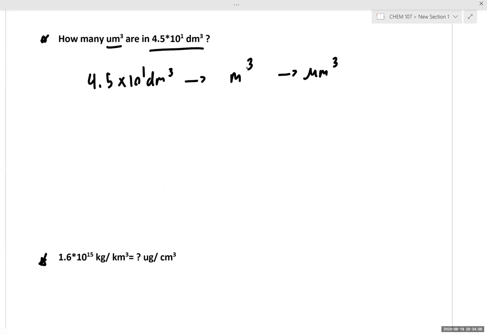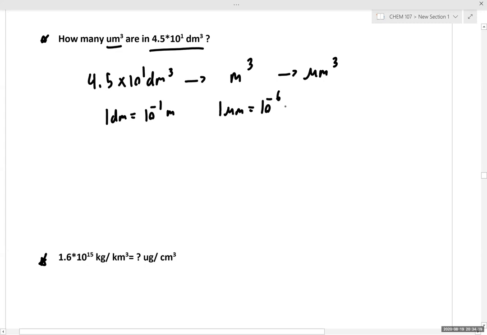Now continuing on, we know that 1 decimeter corresponds to 10 to the negative first meter, and we know 1 micrometer corresponds to 10 to the negative sixth meter.